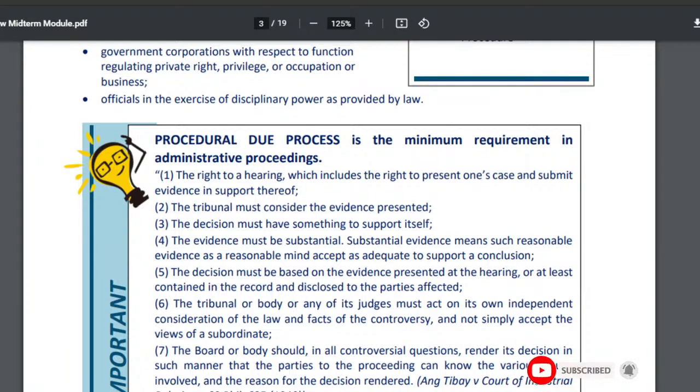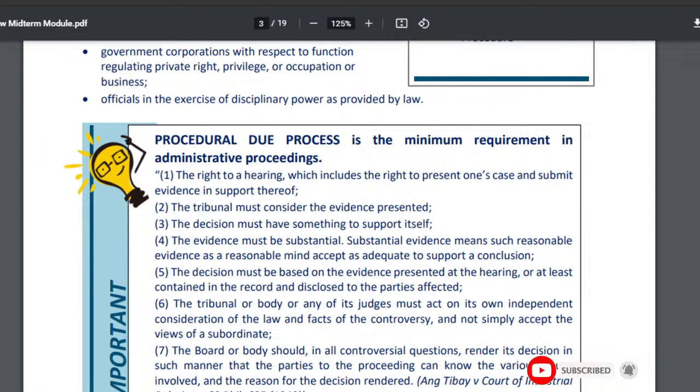Kay mosulti sila nga ang kaso kay whimsical. They just arrived at the decision without any basis thereof, no? So kana siya dili pwede. The tribunal must present the evidence, disclose the evidence, as well as the decision to the parties affected, so that the parties would say, okay, the decision was really justified. So naay basis.